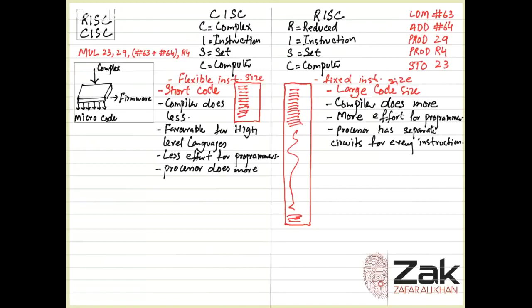That means fewer instructions, more effort for the programmer, the compiler is doing more, but yet the output is the same. So the processor is doing less here and the processor is doing more here.